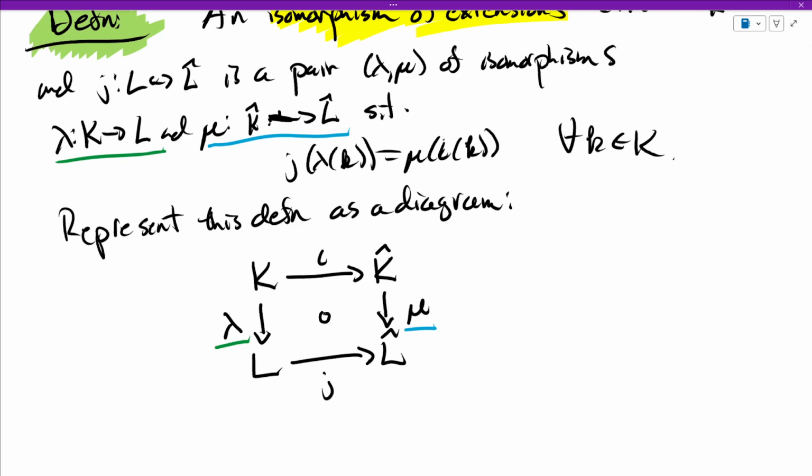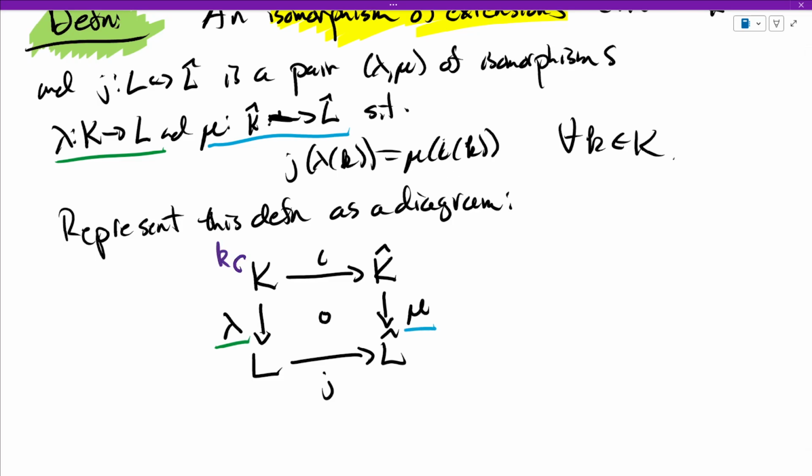So we put a circle in the middle. What that means is if we view this as a directed graph, this upper left k is a source, and we plug in a k value. We'll use purple.